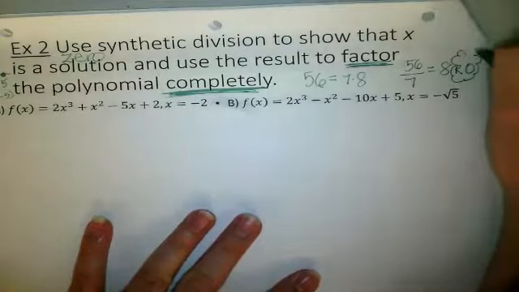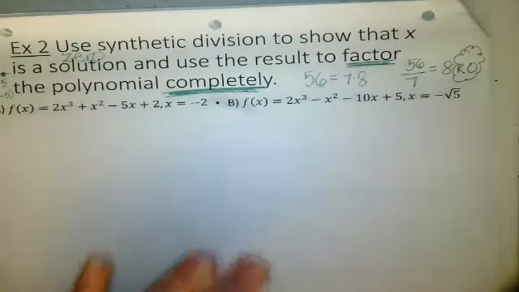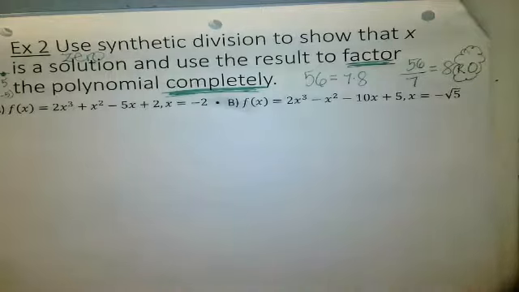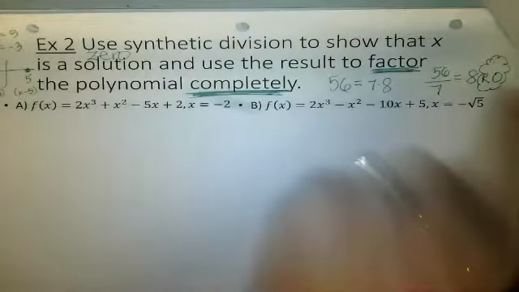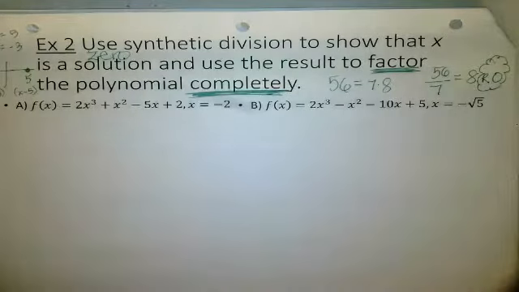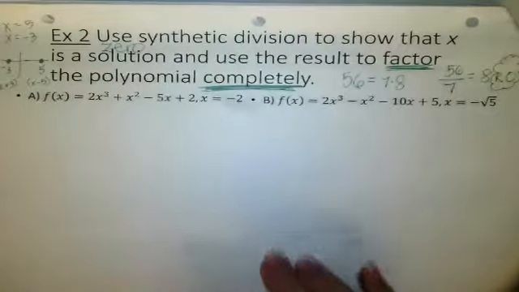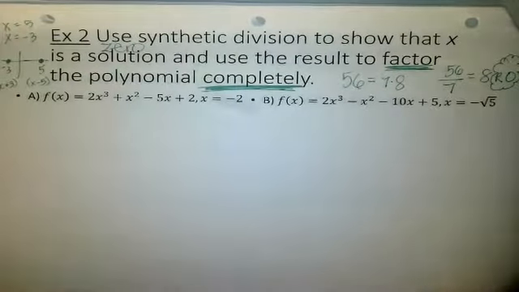Remainder 0 is the key. If we have a remainder of 0, then we know it is a factor. And if I know it's a factor, then I also know the zeros. So knowing something has a remainder of 0 tells us a lot of information.